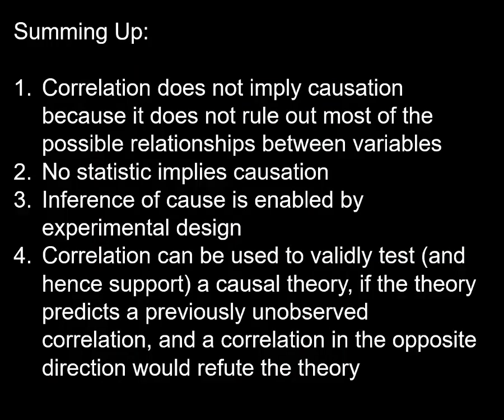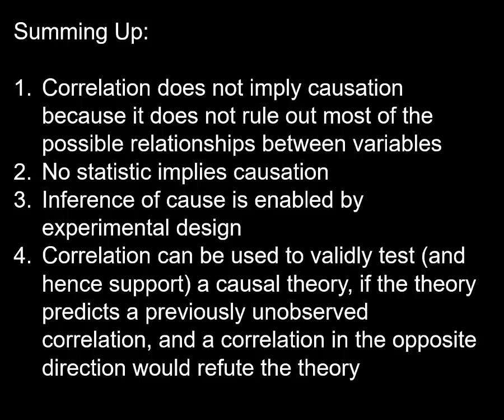Alright, so summing up, correlation does not imply causation because it does not rule out most of the possible relationships between the variables. No statistic, it turns out, implies causation. Instead, number 3, the inference of cause is enabled by experimental design.